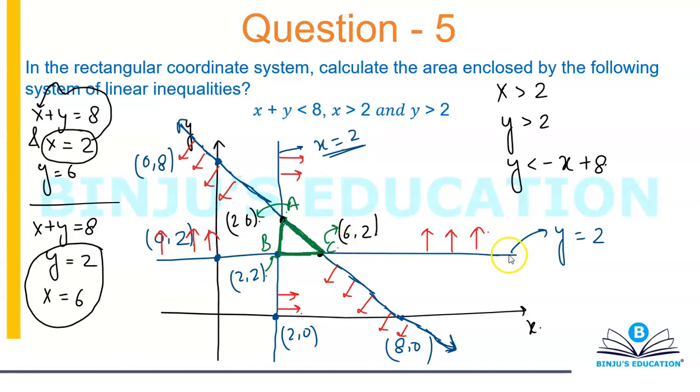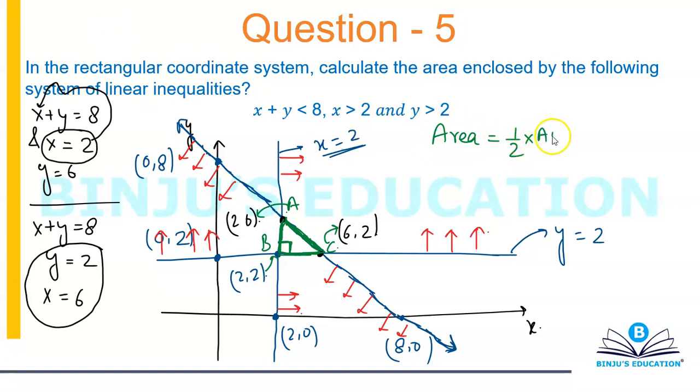And x is equal to 2 and y is equal to 2 are basically vertical and horizontal lines, so they will automatically meet at an angle of 90 degrees. So this is a right angle triangle. I need to calculate the area, which is simply half into base into height. Or I can say that the area will simply be half into AB into BC.